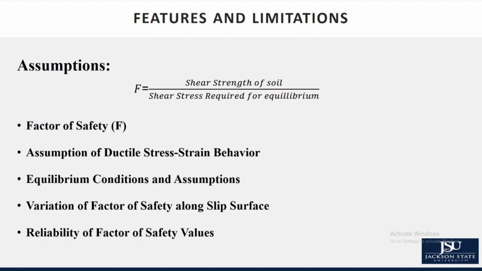So we do not know what type of changes in strain are happening in a soil when the stresses in the soil are increasing. So all these methods do not actually show the relationship of stress and strain.